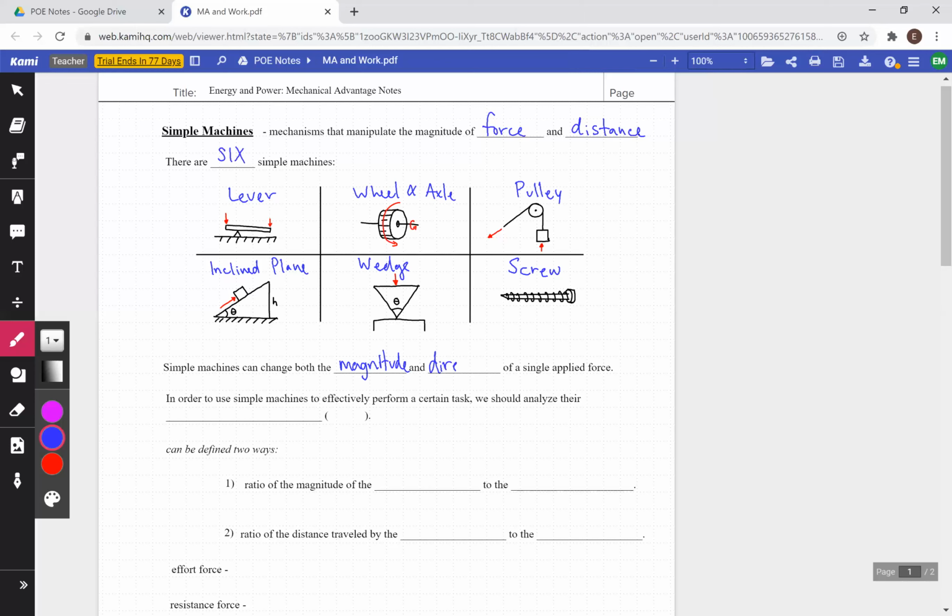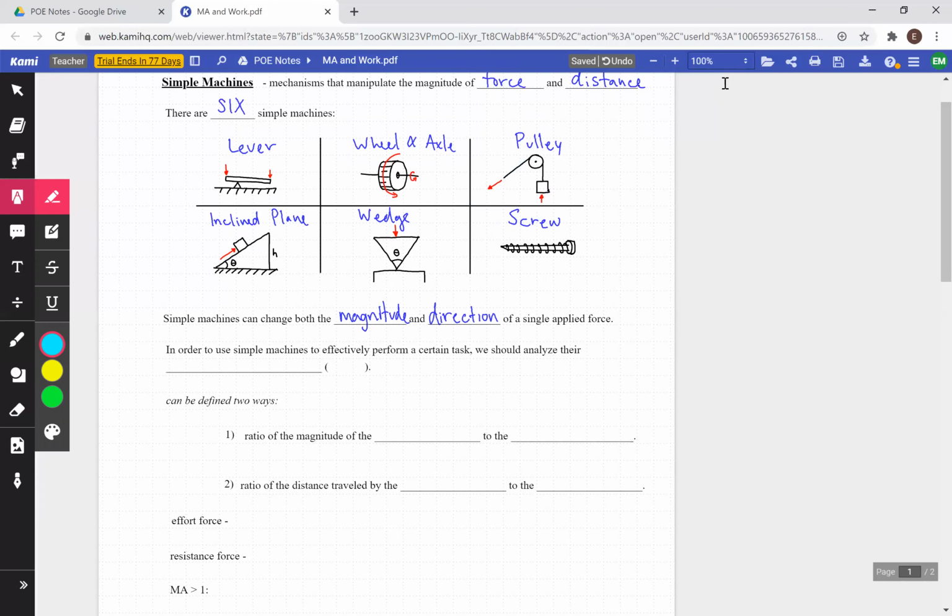Take, for example, the pulley. On a pulley, you would pull down and to the right, and that causes the block to move upward. It redirects the force, whereas you're pulling down. We'll see that in a lot of situations where a lever is going to require you to use a smaller magnitude of force or a greater distance.